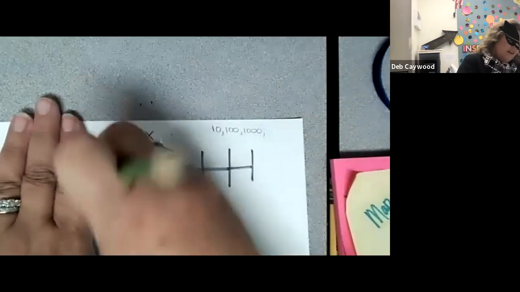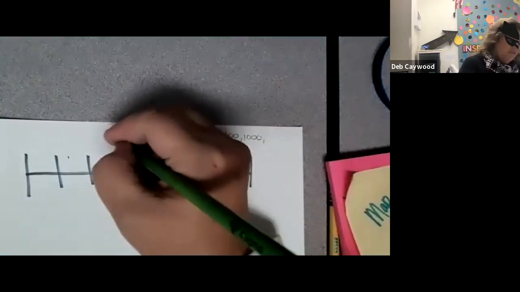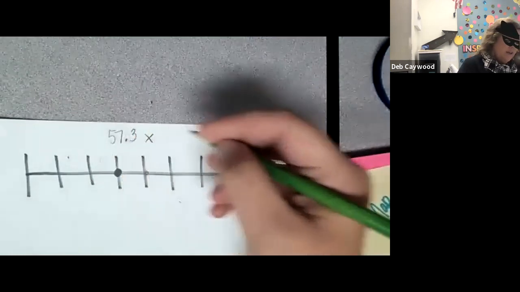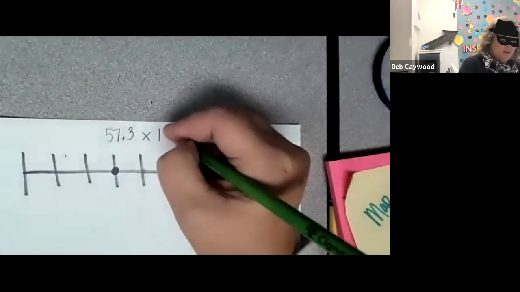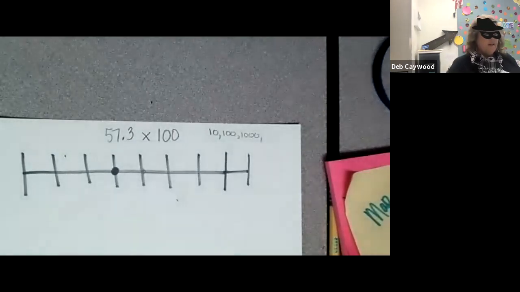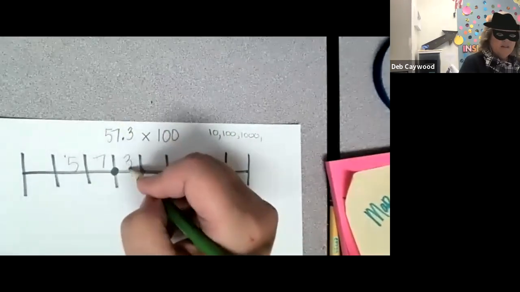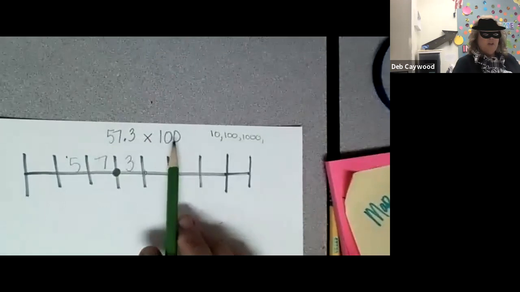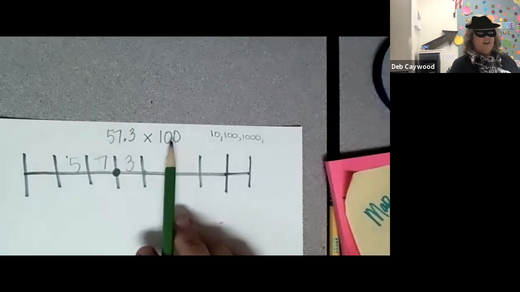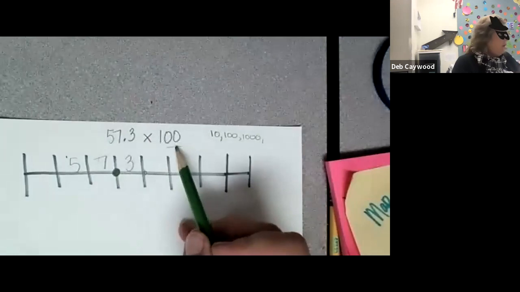All right, let's try another number and see how we do with this one. Let's do 57.3 times 100. So I'm going to write my number here on my grid. And this time I'm going to look at my power of 10 number. Instead of only having one zero, like in the number 10, I've got 100, which means there's how many zeros? 1, 2.